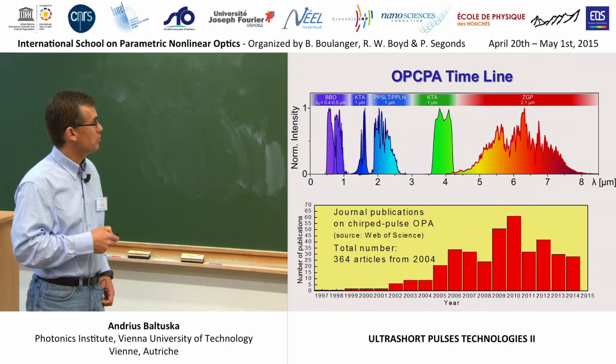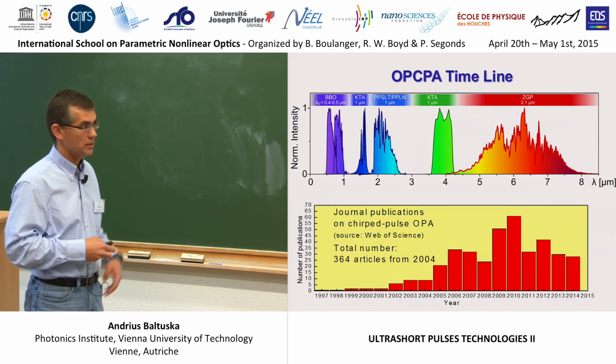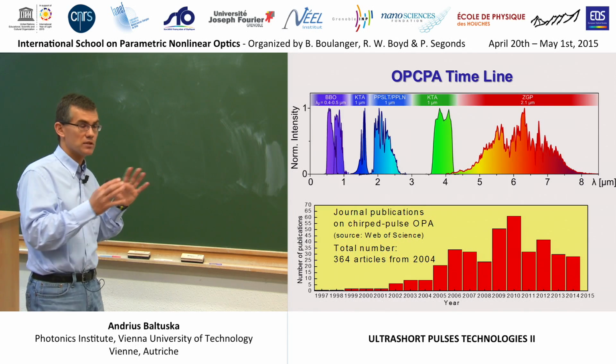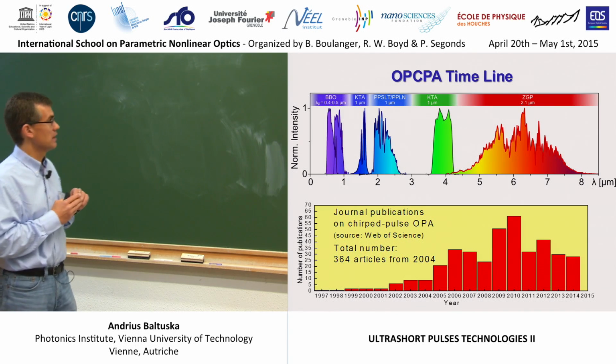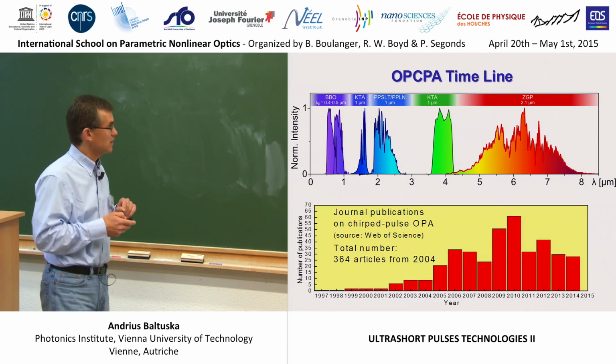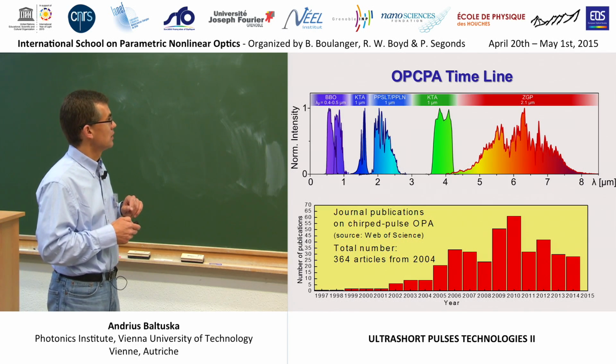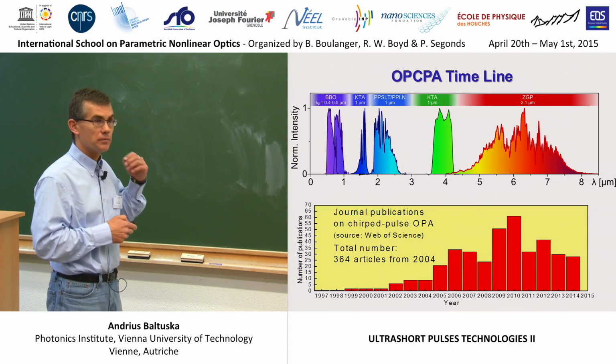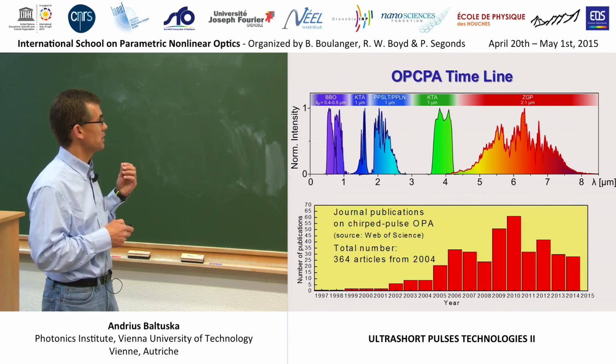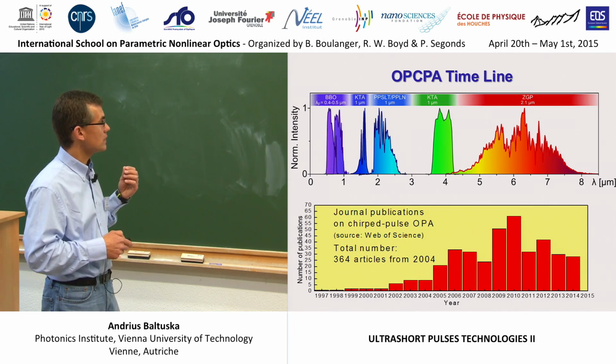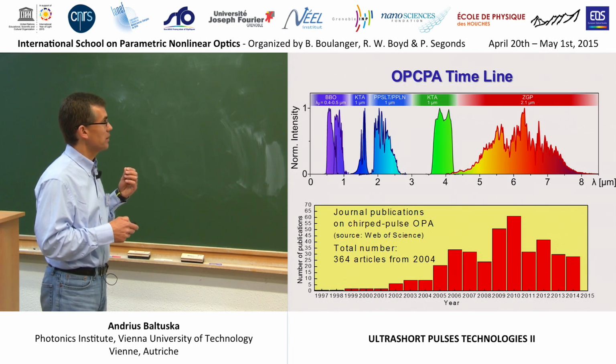The main OPCPA developments were located in sweet spots. I already showed this graph last time without commenting on it much. So the position of the sweet spots is related to available materials and to available pump lasers.